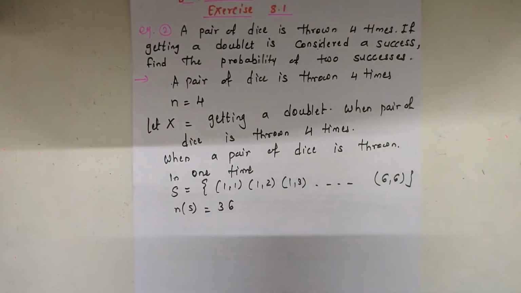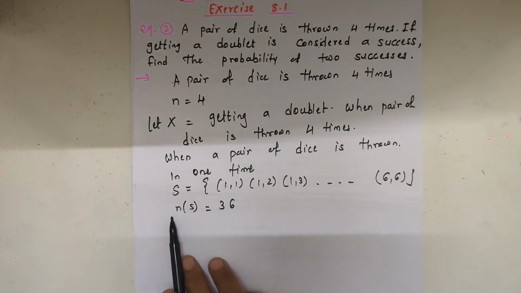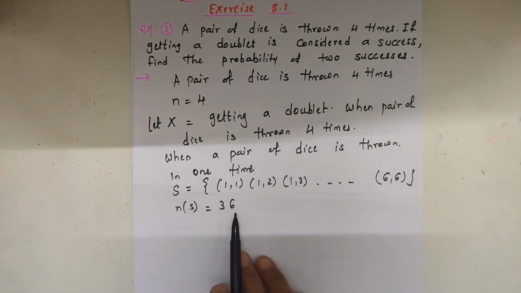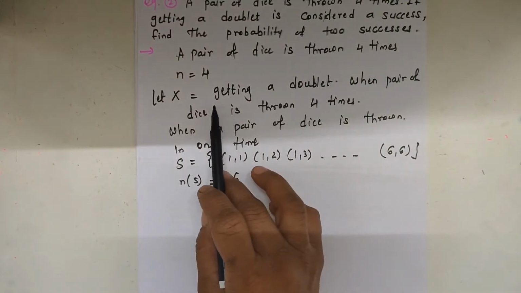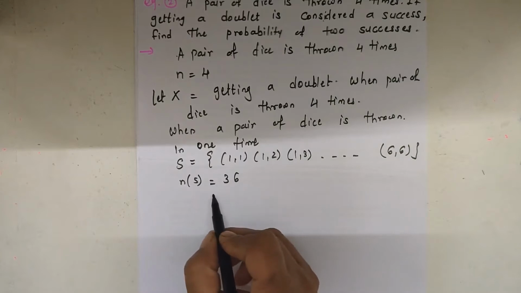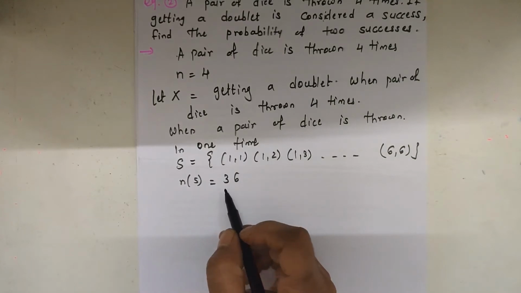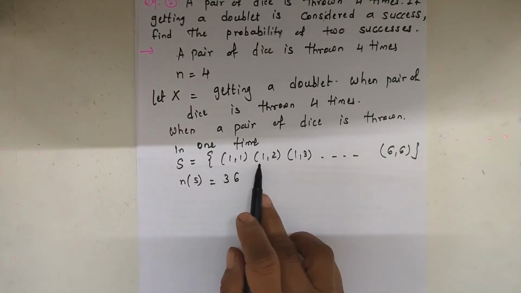Now we have to find the number of doublets. Doublet means both the numbers are the same.